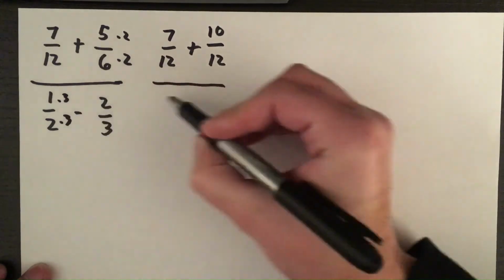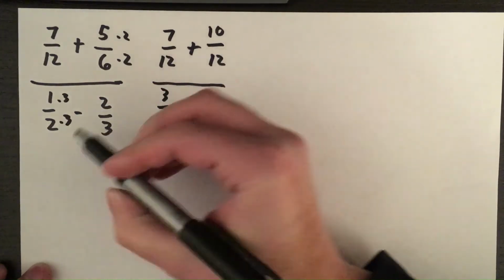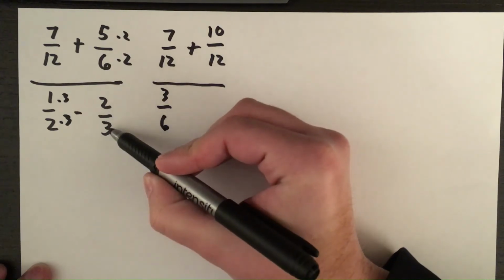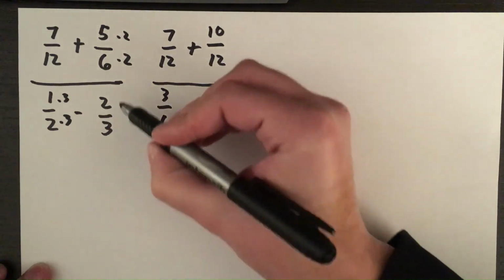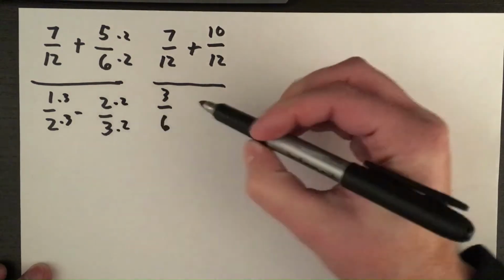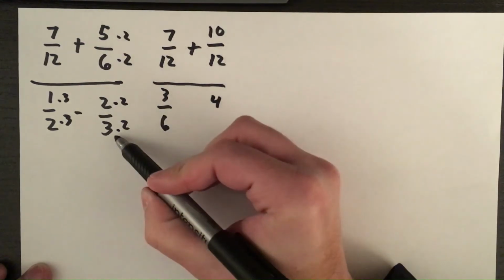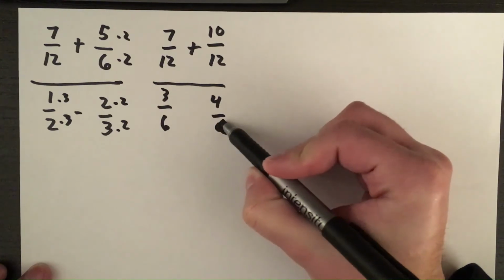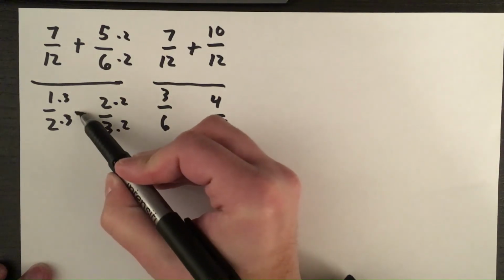Now we're going to have 3 over 6. And over here, I'm going to multiply this fraction by 2. Times 2 times 2. I'm going to get 4 over 6. Remember, this one is subtracted.